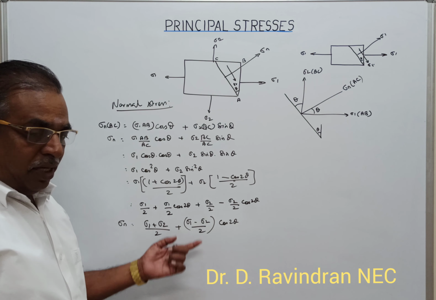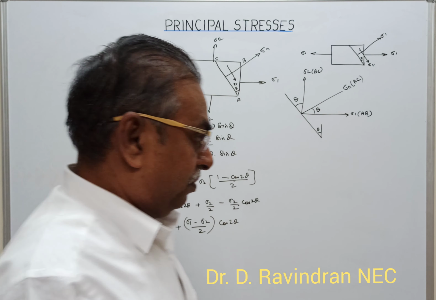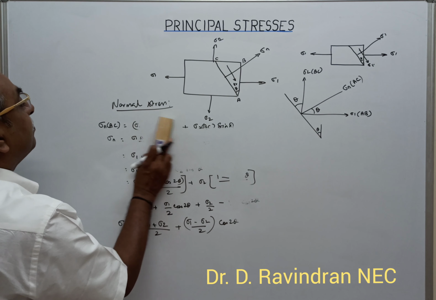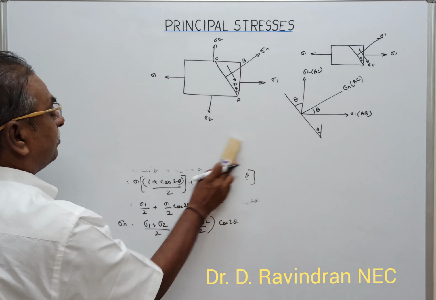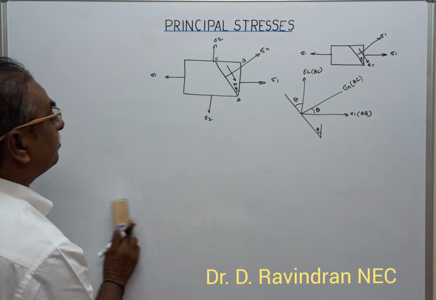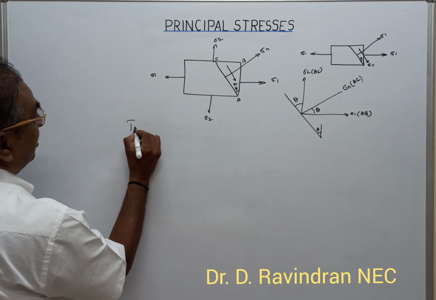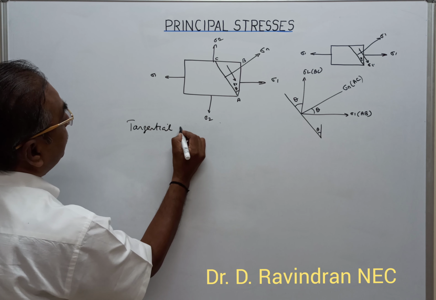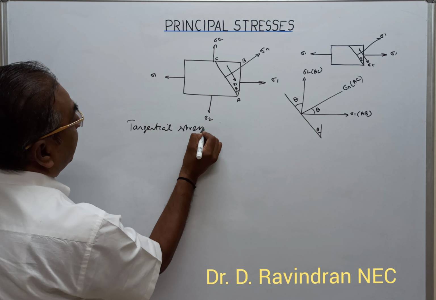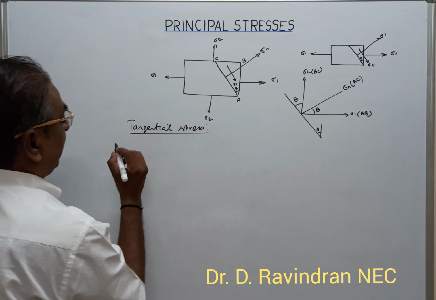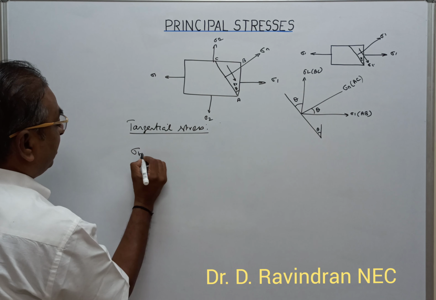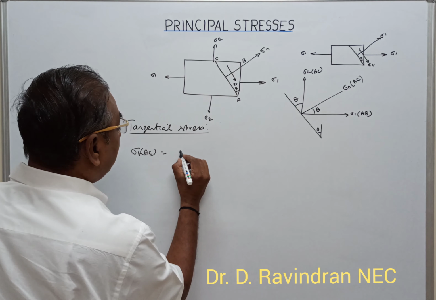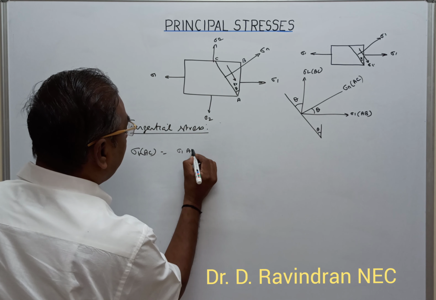Similarly, we can find your tangential stress also. In case of tangential stress, we have to resolve these two forces along the inclined plane. That means sigma t into AC will be equal to sigma 1 AB.